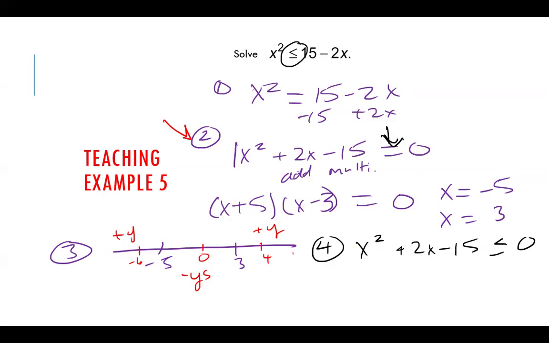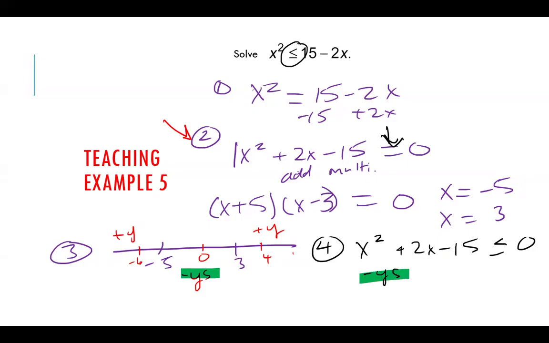So if I'm looking for less than or equal to 0, what type of values am I looking for? Negative. So when do I get negative y's? There we go. We are looking for negative y's, and our negative y values are between -5 and 3.